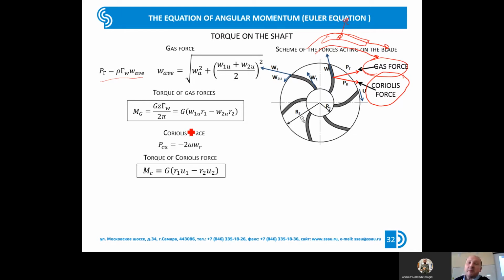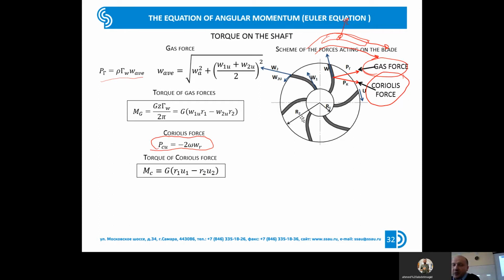But from theoretical mechanics, you must remember, I hope, this equation. It's the equation which helps you calculate the Coriolis force. And if you know the force, and you know the distance between the point of application of the force and the axis of rotation, you can calculate the torque produced by Coriolis forces.